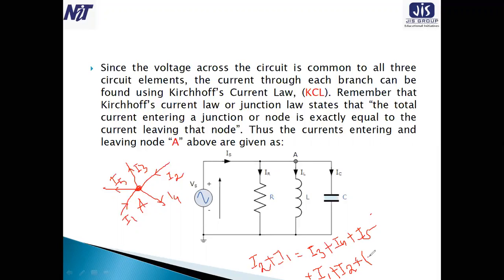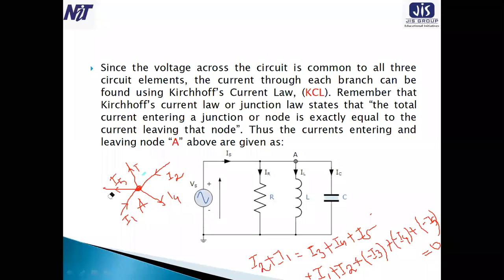So for the direction, outgoing we consider as minus I3 minus I4 minus I5, that should be equal to 0. So that is Kirchhoff's current law.